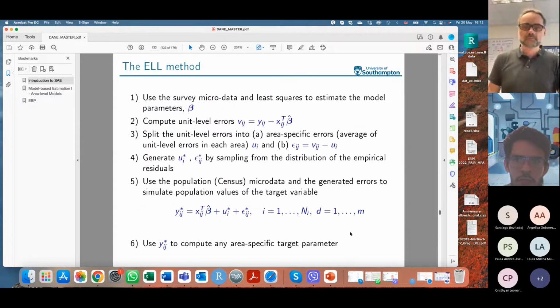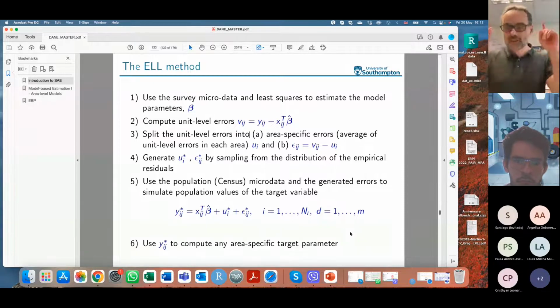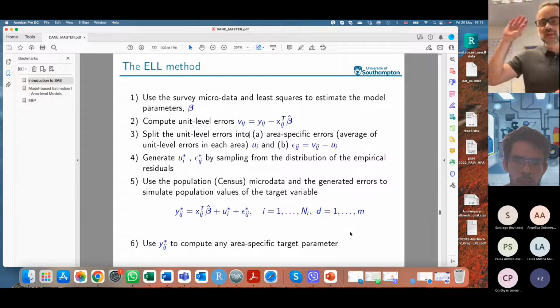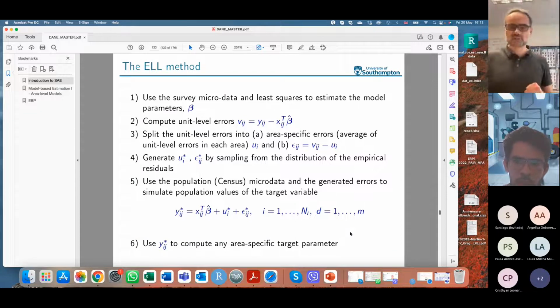So the ELL method works as follows. What you do is you take your survey microdata, okay? So think of the survey microdata as your household survey, and you use some kind of least squares method to estimate the model parameters beta. Okay? So you get beta hats.